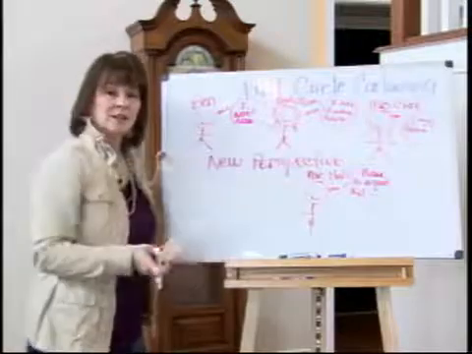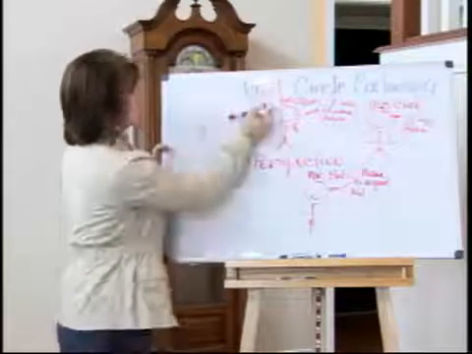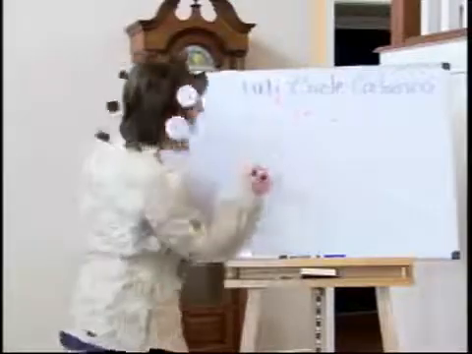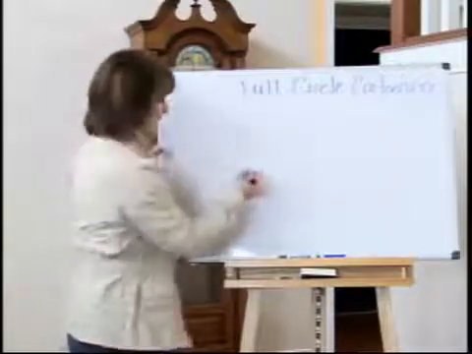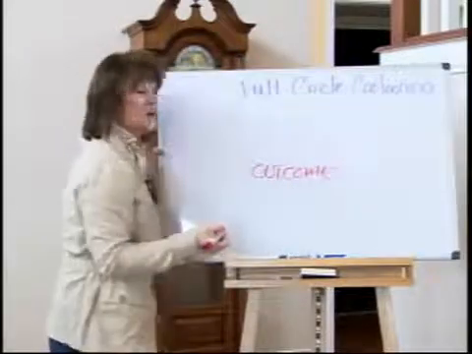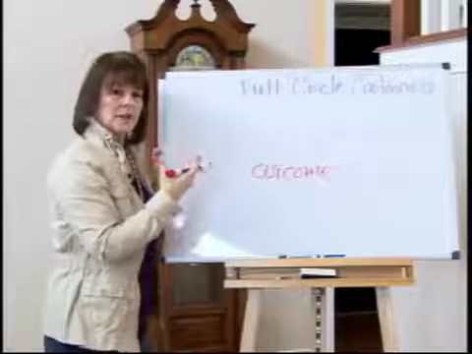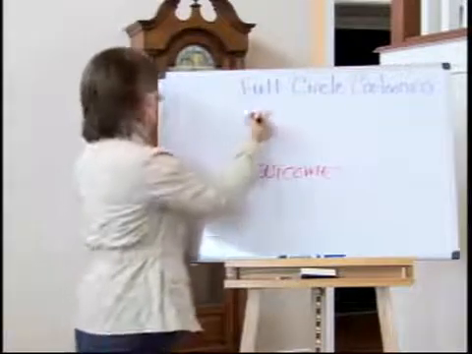The very last thing that we're going to talk about finally, to bring this full circle, is the outcome. Okay, here we've got the outcome. The outcome is always something that we know the child wants or would enjoy or wants to see happen.